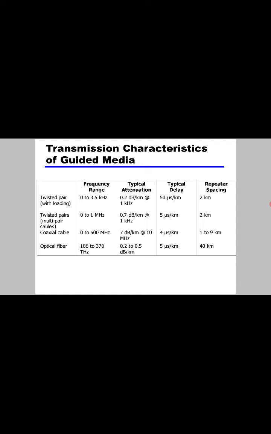So what are the transmission characteristics of guided media? What are the different characteristics and properties of guided media? First one is twisted pair. Here we use different characteristics and properties like frequency range, typical attenuation, typical delay, and repeater spacing. We start with twisted pair, then multi-pair cables, coaxial cable, and optical fibers.